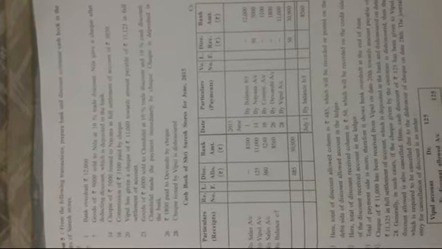So calculate and deduct the 10% trade discount on 4,000. So 4,000 into 10 divided by 100, you will get 400. If you minus 400 from 4,000, on whatever amount you get, you again have to calculate the 10% cash discount and deduct it, because here cash discount is also provided.